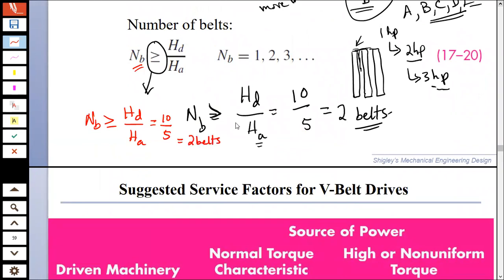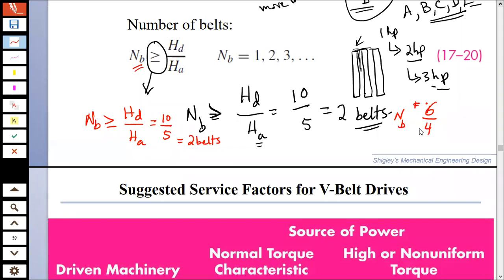Fine. But what if you have the design horsepower HD is, let's say, 6, and your allowable horsepower is 4, then what is the number of belts?